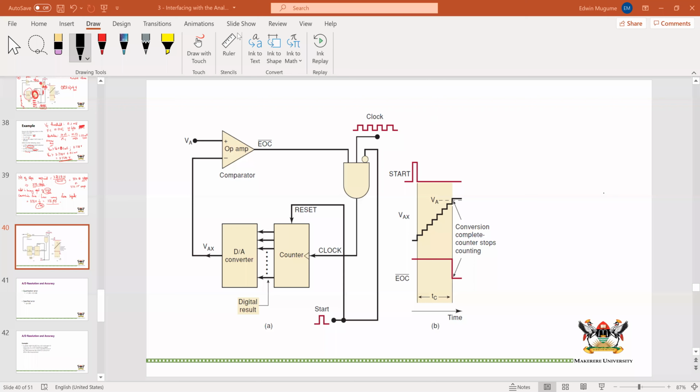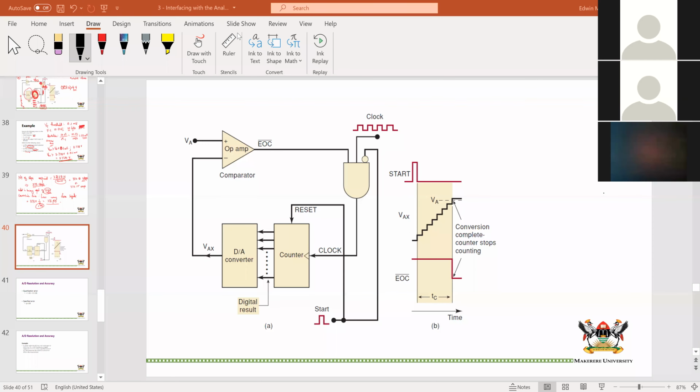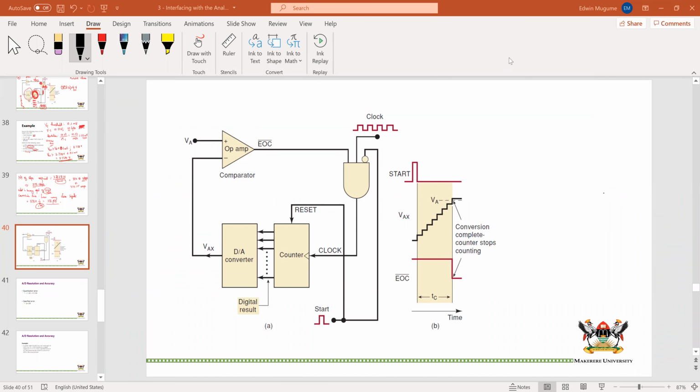Essentially, you have a counter that counts from 0 towards its maximum, depending on its number of bits, and you keep comparing the output. The output of the converter is converted to analog using a digital to analog converter here, and so you're comparing VAX with VA.